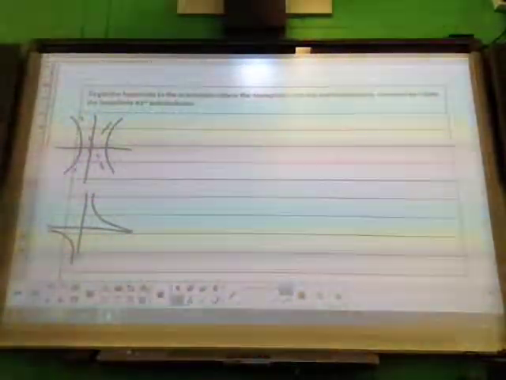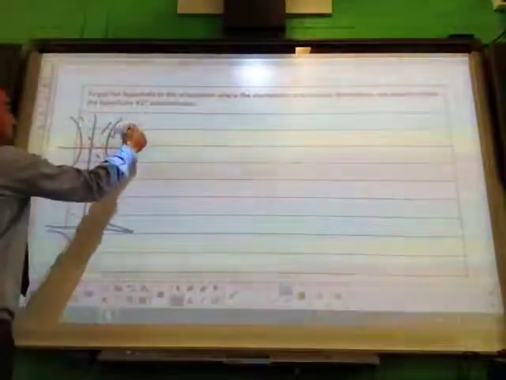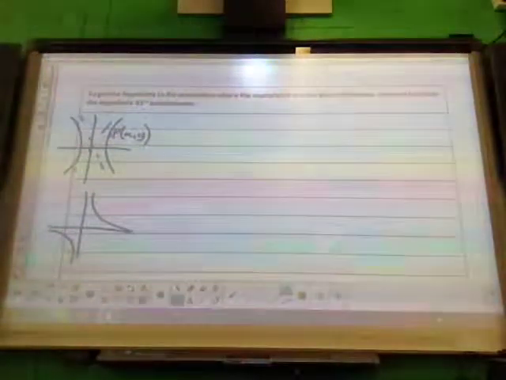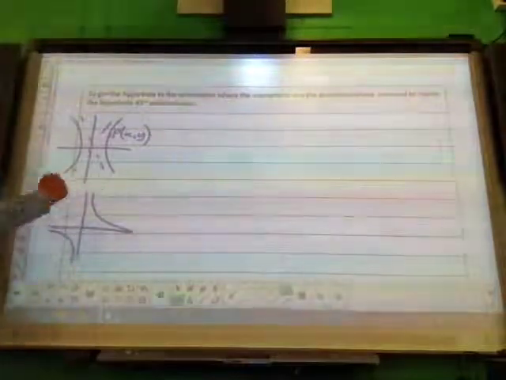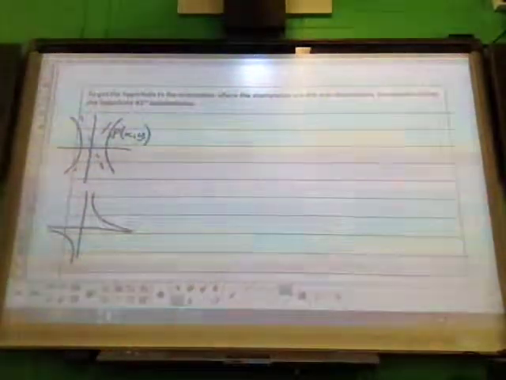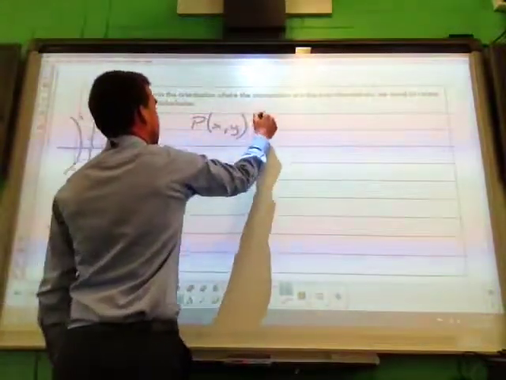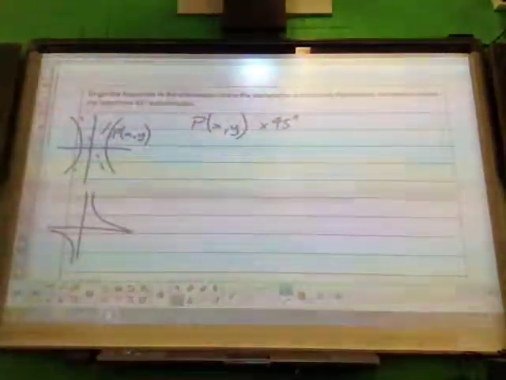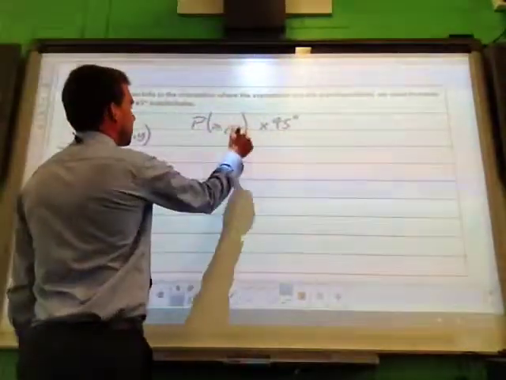If I take a point P of x, y and rotate it 45 degrees anti-clockwise, I'm going to get this layout here. How can I do that? I introduce complex numbers.